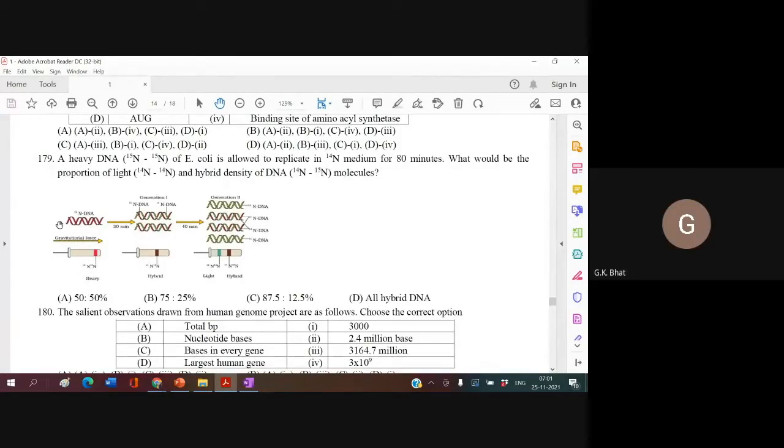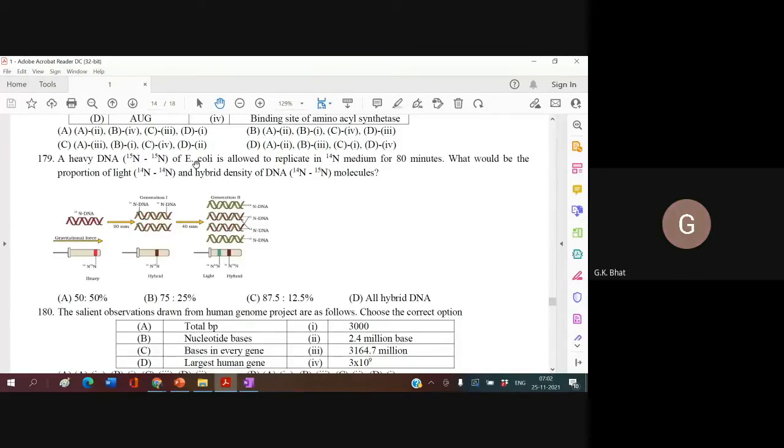How? Simply don't tell. See, this is how much? This is starting. What proportion here? 50-50. What should be here? 25-25. 50-50. One 50 should increase, another 50 should decrease. 75-25.